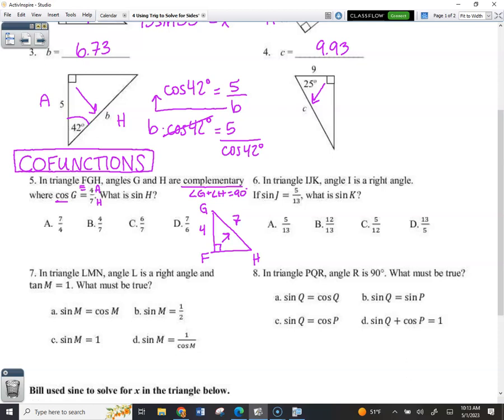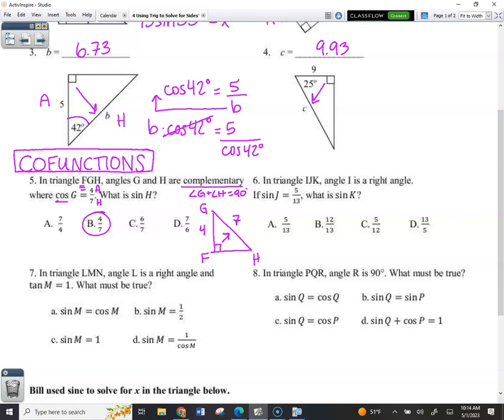Still 4/7, right? So you might feel like you've done this wrong because you came to the number that they gave you in the problem. But look, they said cosine of G is 4/7. We drew the picture. Then it says, so what's sine of H? Well, H is here. Sine means opposite over hypotenuse. So sine of H would be 4/7.